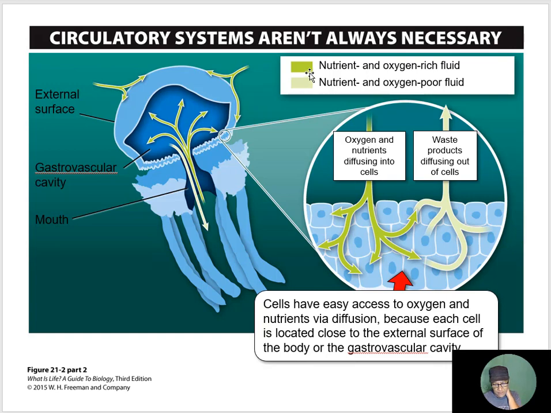And then as we follow the fluid flow, we can see that we've got nutrient and oxygen-rich fluid denoted in this color here coming down. So oxygen and the nutrients are diffusing into the cells, and then you've got waste products diffusing out of the cells going in the opposite direction. So in this way, the cells have easy access to oxygen and nutrients via diffusion because each cell is located close to the external surface of the body or the gastrovascular cavity.